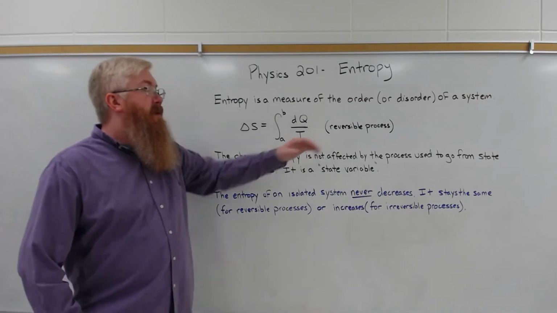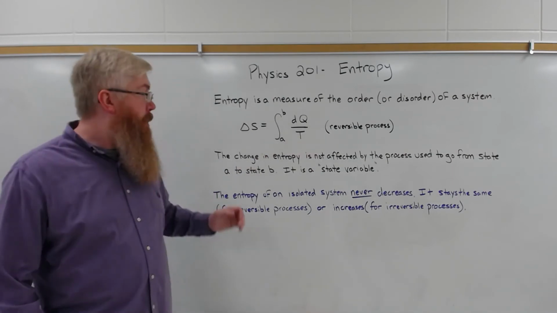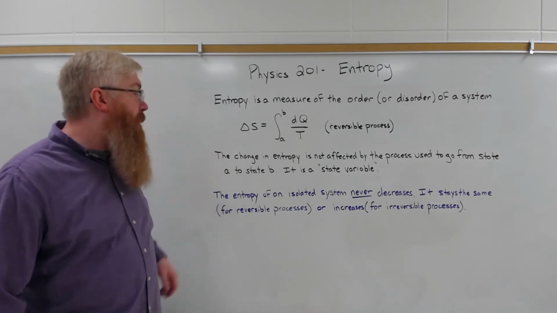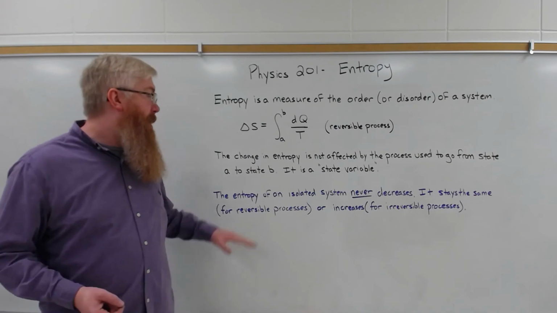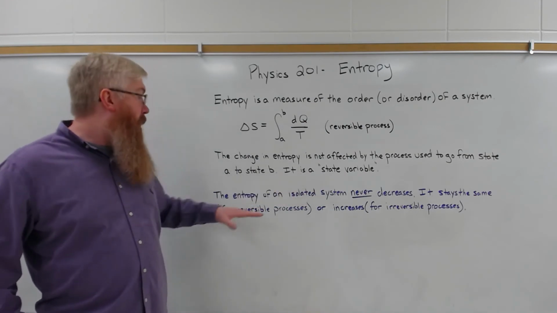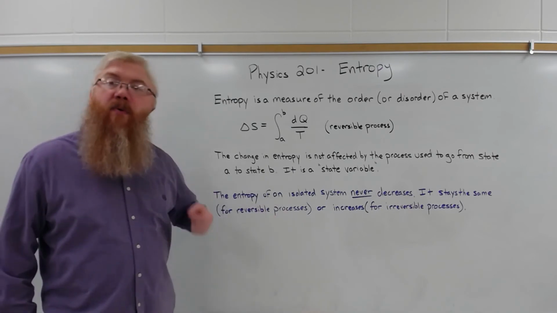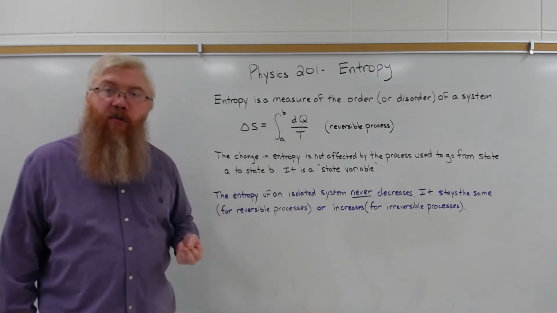If the system does not have reversible processes, entropy definitely increases. So entropy, this disorder of a system, never decreases. It either stays the same for reversible processes or it increases for irreversible processes.